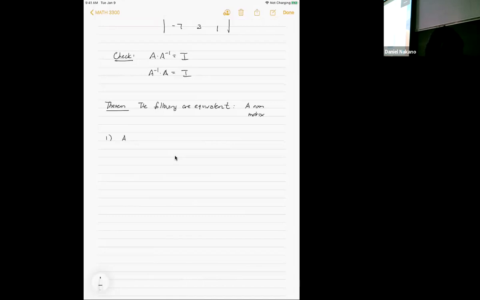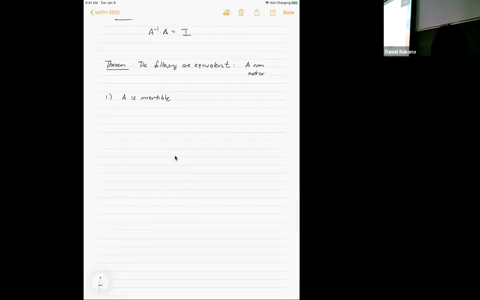A is invertible. Okay. So that's the same as saying that A has n pivots. Okay. So if it doesn't have n pivots, we wouldn't be able to do this process, right? So in some ways, you can kind of see why it's true. If you have n pivots, then AX equals 0 has only the trivial solution.